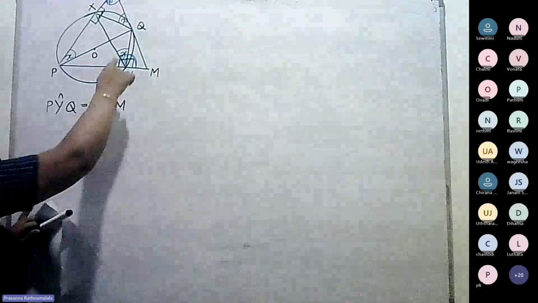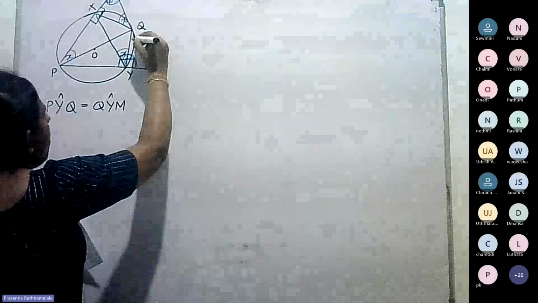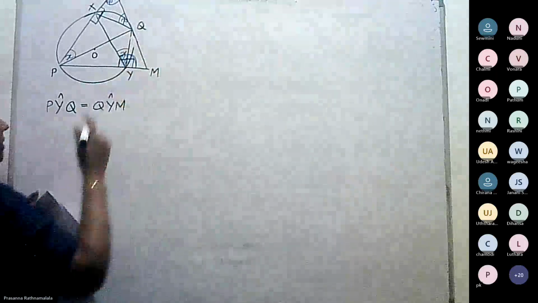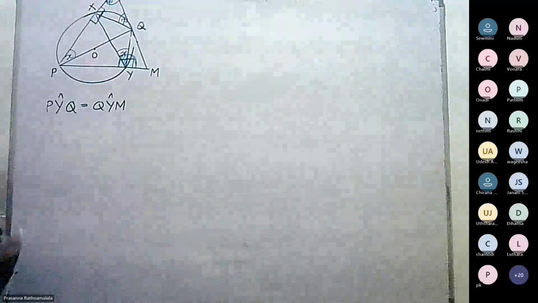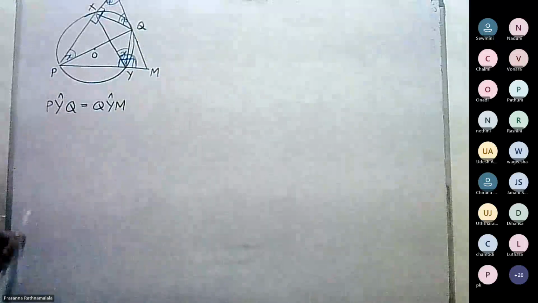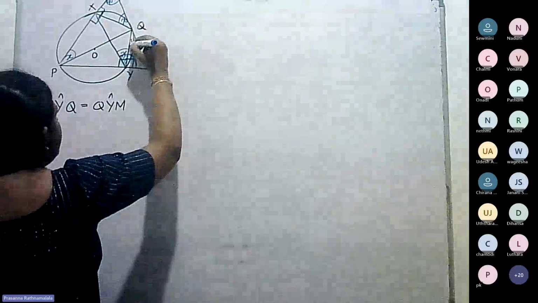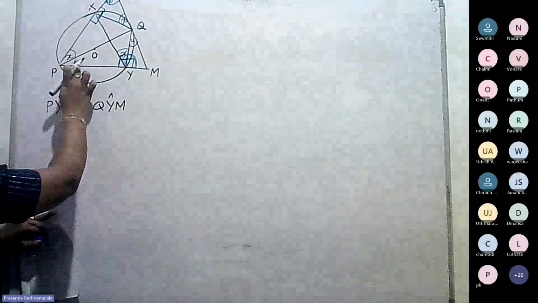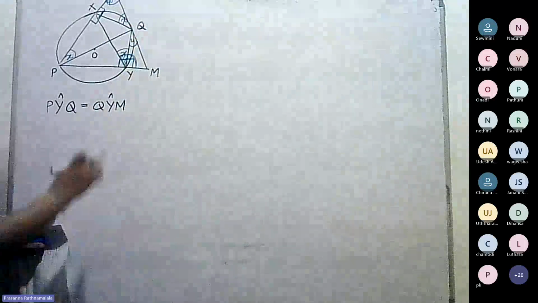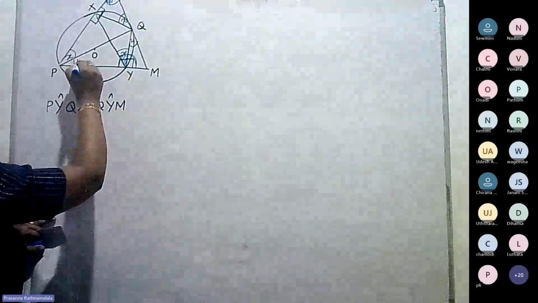Again, it is the same as before. When we get this as Y, here the angle in between a chord and the tangent is one, and that is equal to the angle in the alternate segment, which is also one.